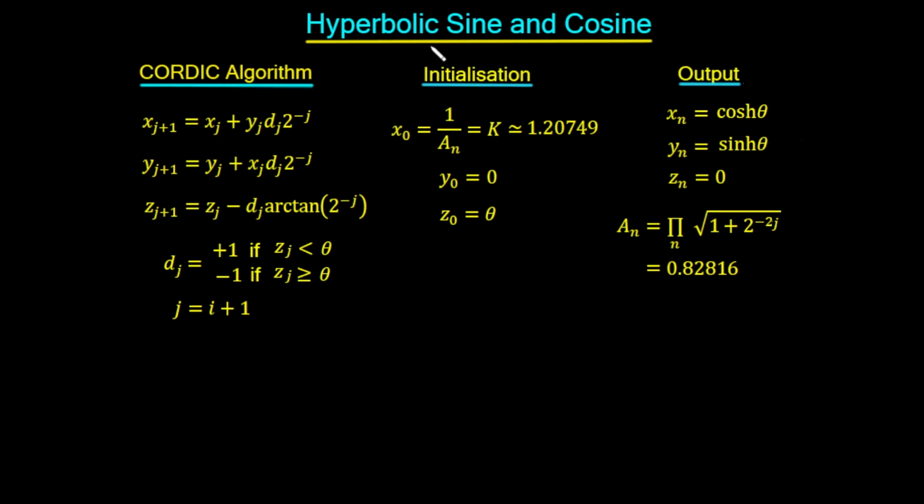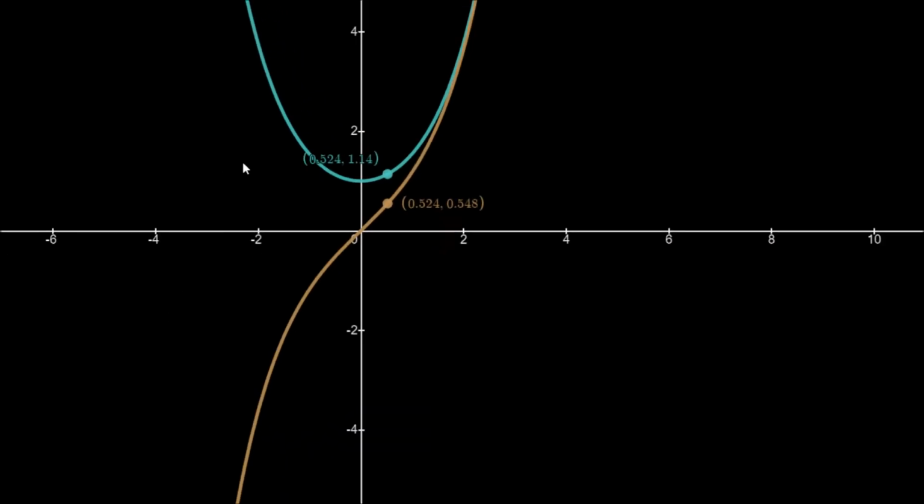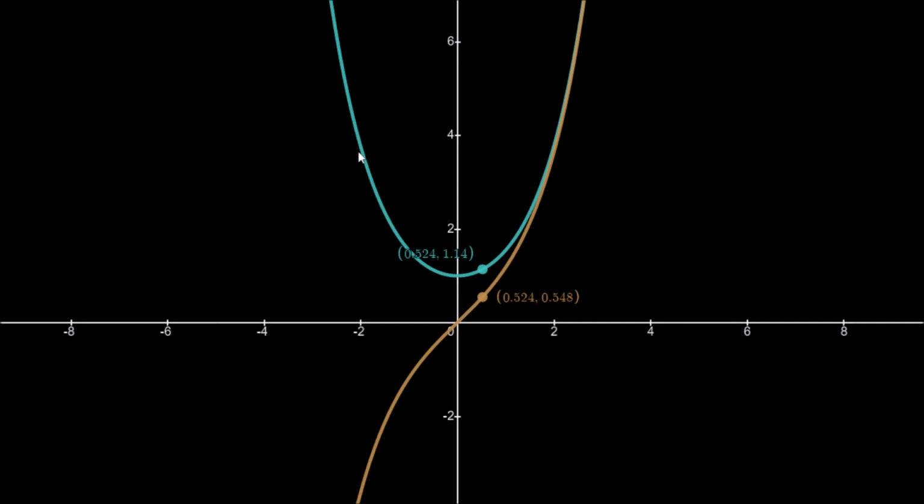So let's go ahead and open up the graphical calculator and work through one of these examples. First of all, let's have a little look at the functions that we're going to approximate. We're looking at the cosh function here, which is in blue, and we're looking at the sinh function here. We're going to use the example of 30 degrees. 30 degrees in radians is 0.524.